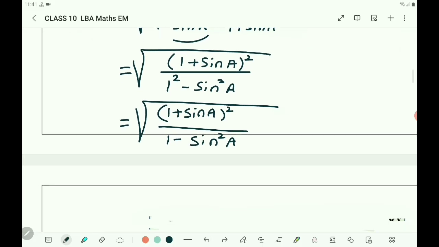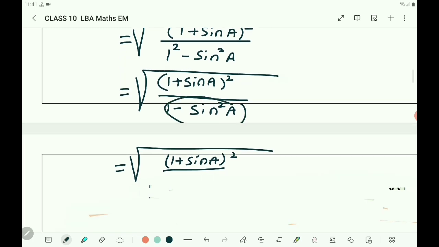Write the numerator as it is, (1 plus sin A) whole square. 1 minus sin square A is cos square A.